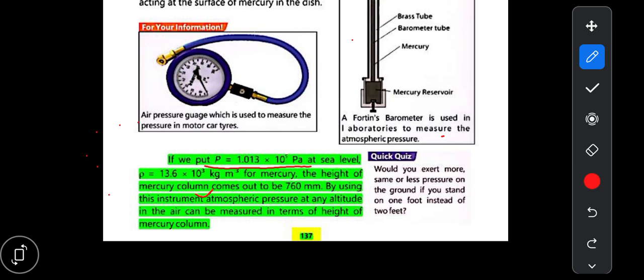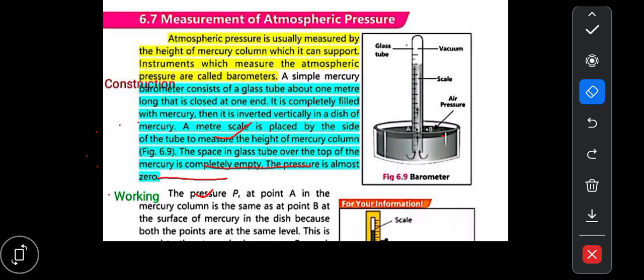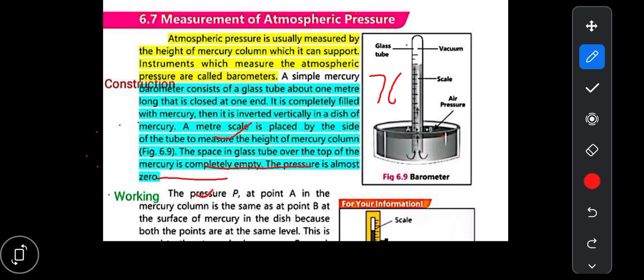If the pressure is this and the density of mercury is this, then the height of the mercury column in the tube will be 760 millimeter, and that is the standard.